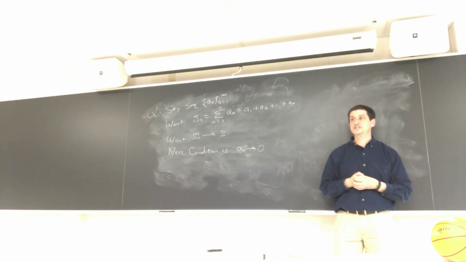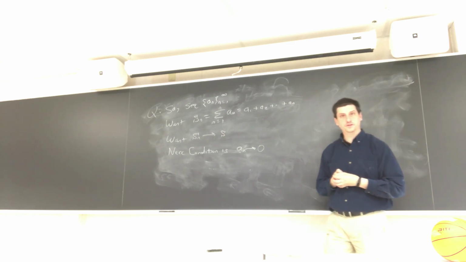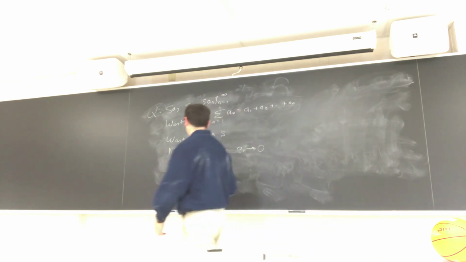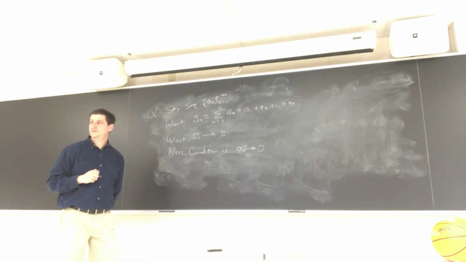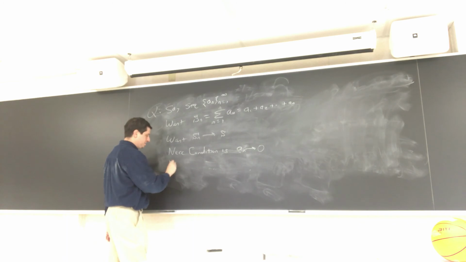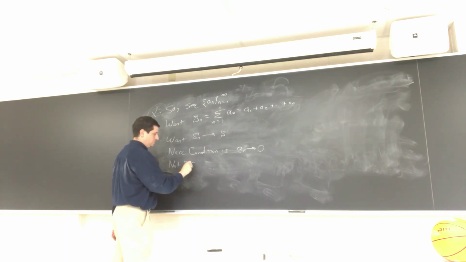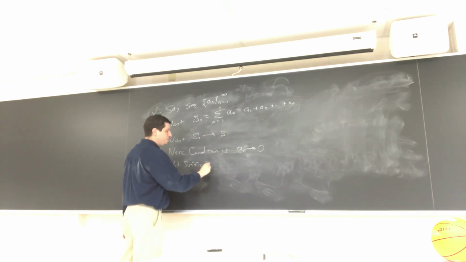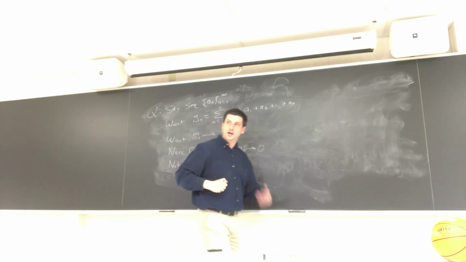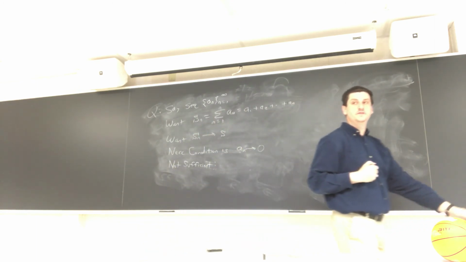If a_n goes to 0, does that ensure that the series converges? Is it sufficient? No. So it's not sufficient. We've seen an example of a series of terms that go to 0 that doesn't converge.